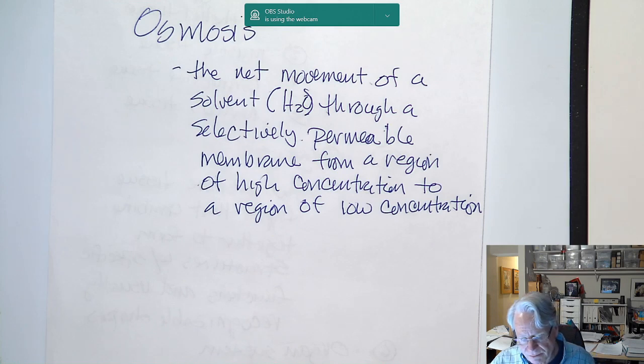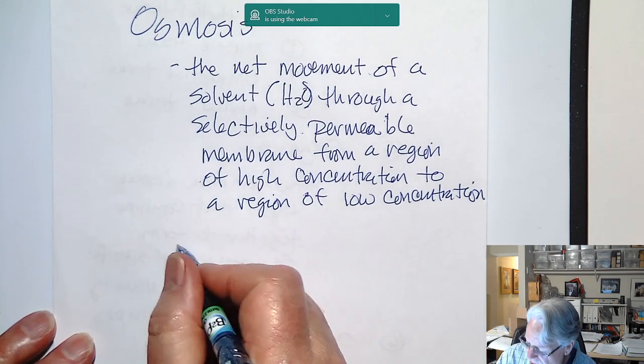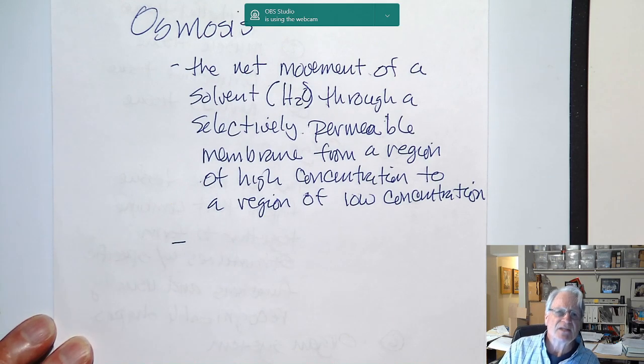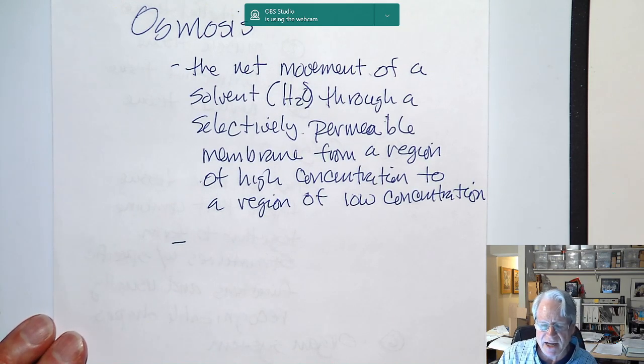So, when we have this process going on, we are going to experience a couple of conditions, or this movement, I should say, is the result of three possibilities. Okay? So, I have already laid out in somewhat more detail than I am going to in this lecture in the lab the idea of osmosis.